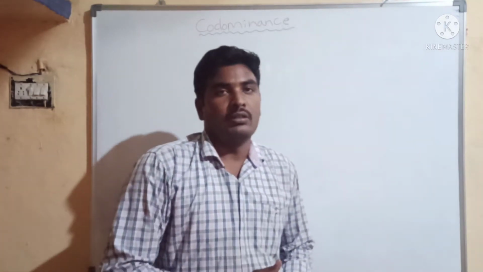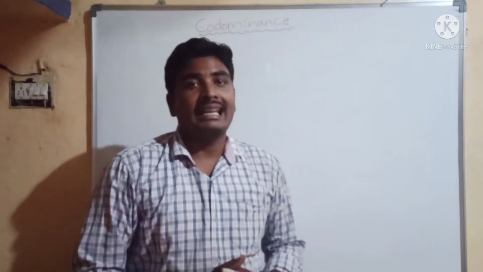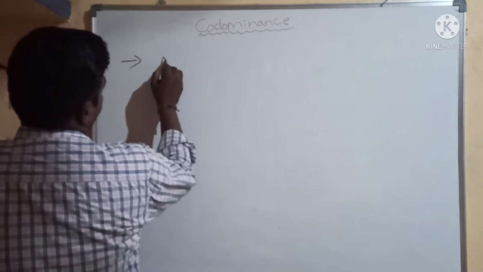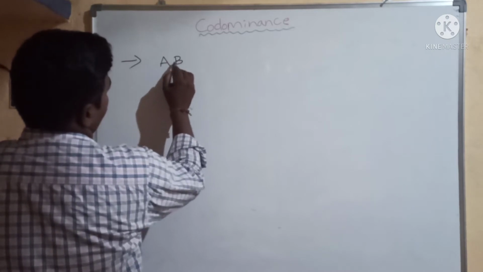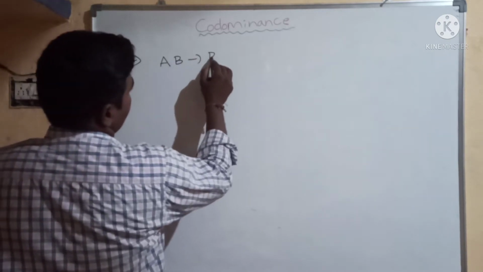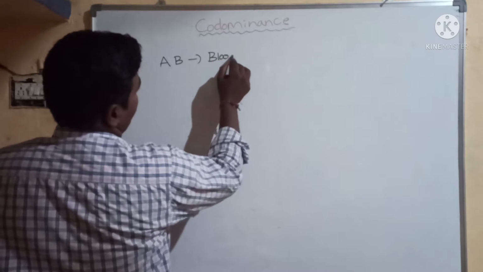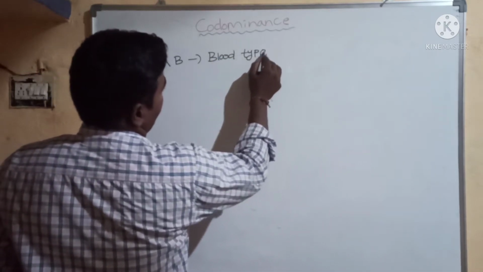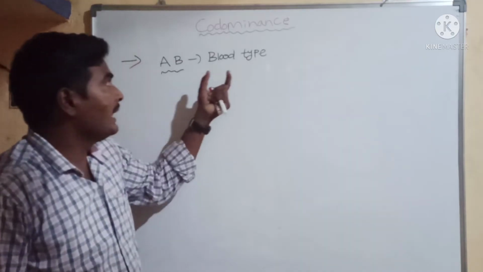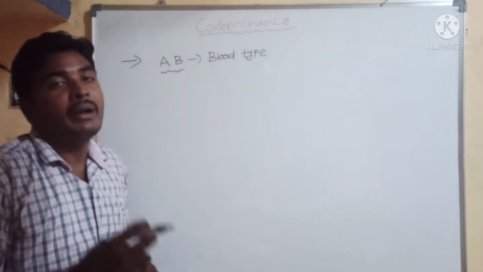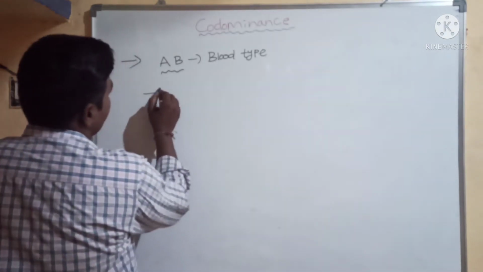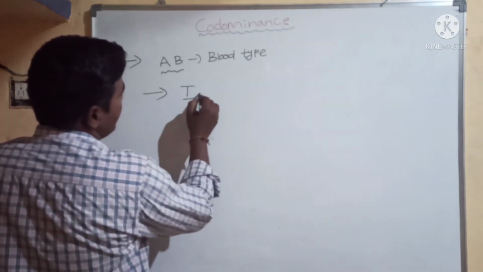Another example under codominance is the AB blood type. The AB blood type character is controlled by which gene? The I gene. What is the I?